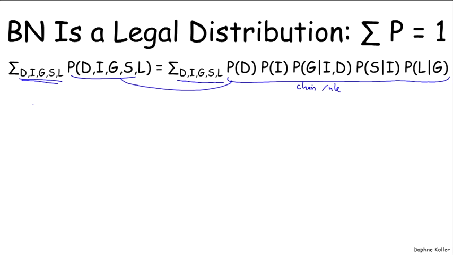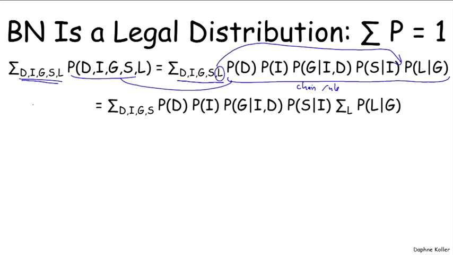And when you have a situation like that, you can push in the summations. So specifically, we're going to start out by pushing in the summation over L. And which factors involve L? Only the last one. So we can move in the summation over L to this position, ending up with the following expression. So notice that now the summation is over here.